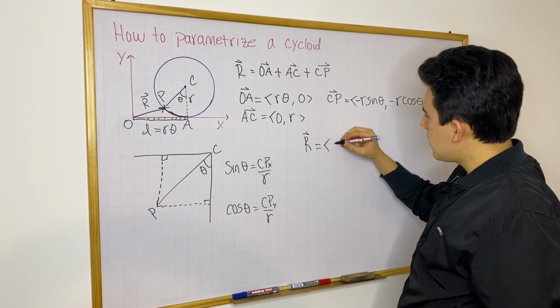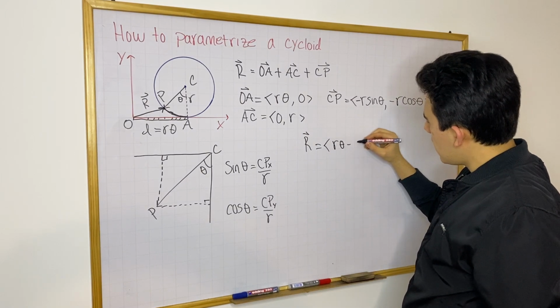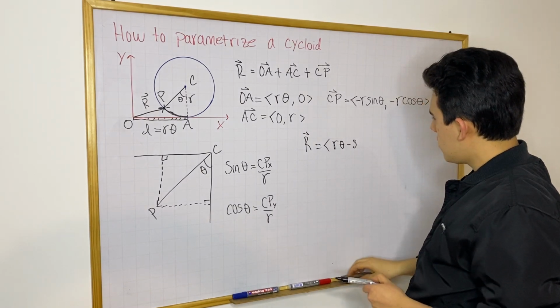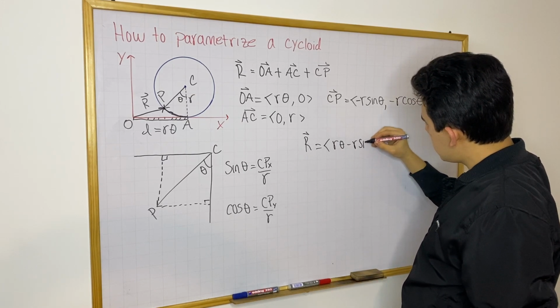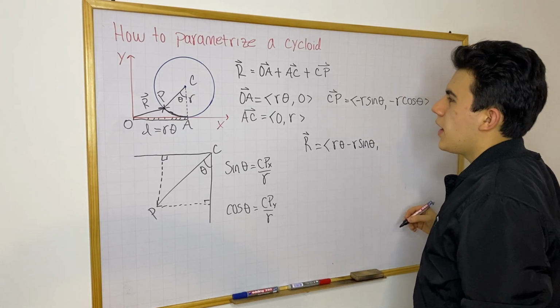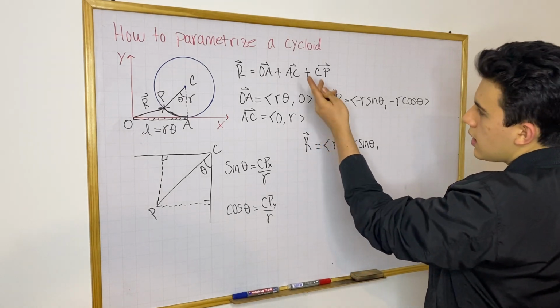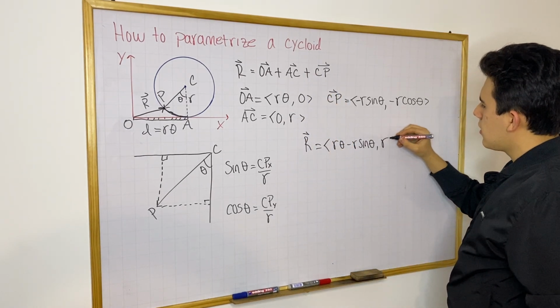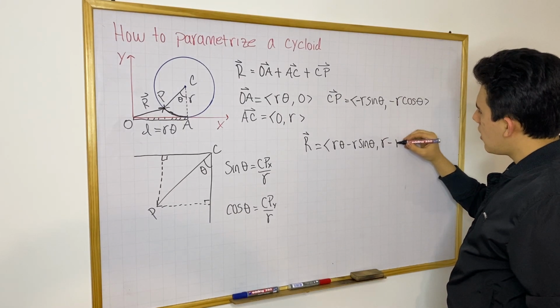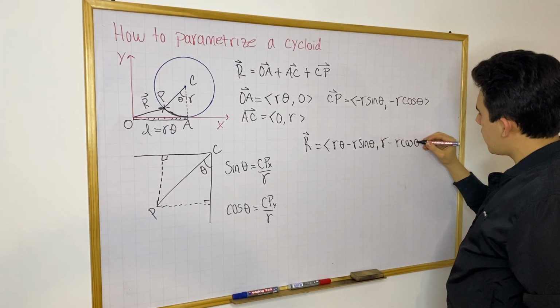That's going to give us r theta minus r sine theta. And now the y components: OA has a component of 0, then r plus, in this case, r minus r cosine theta, okay?